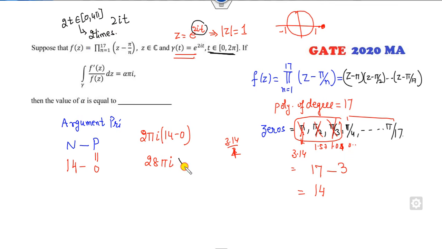So I have to multiply this by 2 also. So it's 56 of this. Then the value of the alpha, now you can compare this. Value of the alpha is my 56. This 2 is again my 2 times rotation, because here is my 2 iota t, and the t belongs to 0 to 2 pi. So the right answer is 56 is the correct answer.